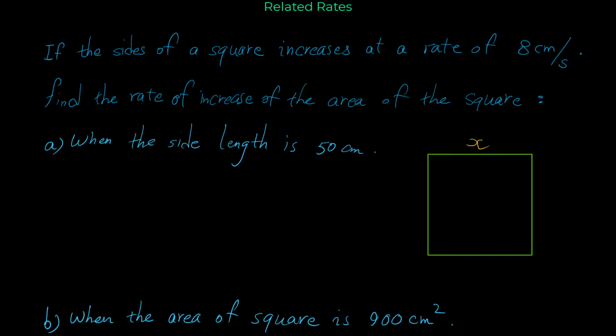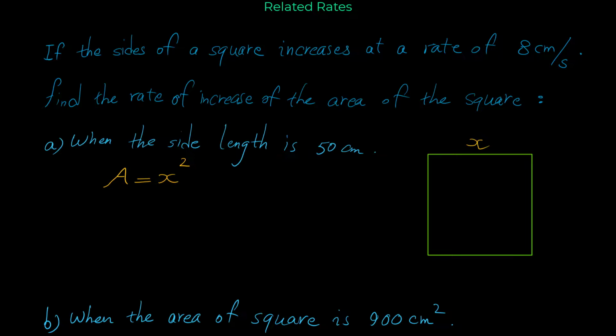And we know that the area of a square, I use variable A for showing the area of the square, is one side to the power of 2, or x times x, one side times itself. So the area of the square is x to the 2.